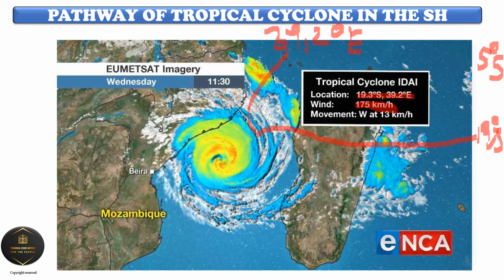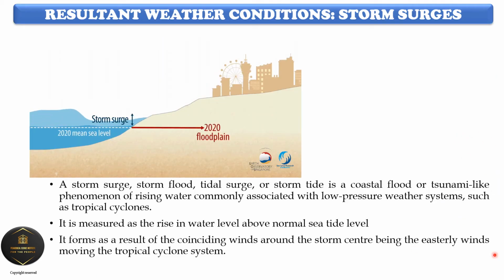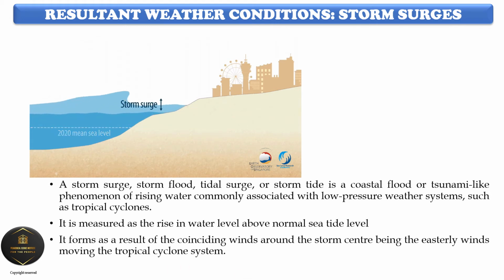So we need to take note of that, and because of this, it shows us that it has fueled up and will affect parts of the west coast in Beira. But again, now the most interesting question is, what changes should they expect in Beira as the system is approaching? So that's exactly what we need to look at, the associated or resultant weather conditions.